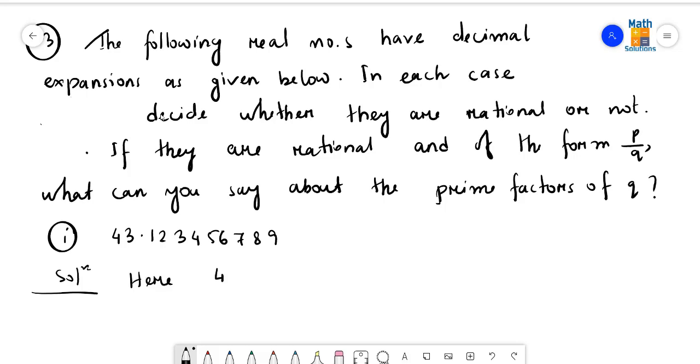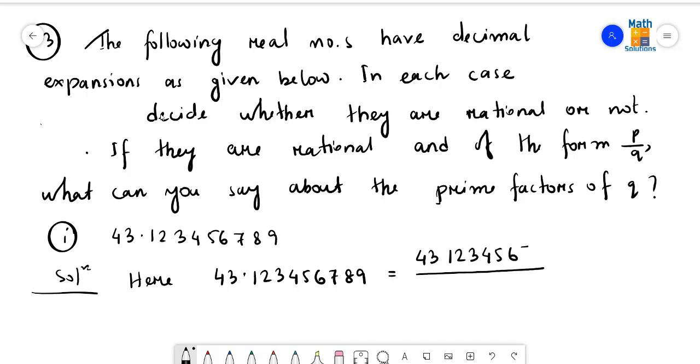Here 43.123456789. When it is written in rational form, I can write it as 43, then 1, 2, 3, 4, 5, 6, 7, 8, 9. How many numbers are there after the point? 1, 2, 3, 4, 5, 6, 7, 8, 9. So it is very clear that there should be 9 zeros after 1 in the denominator.